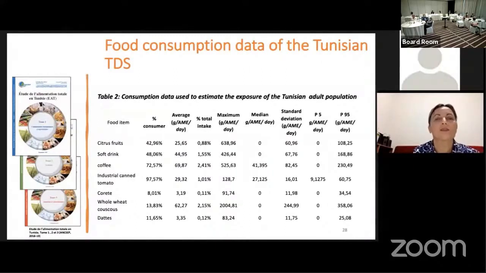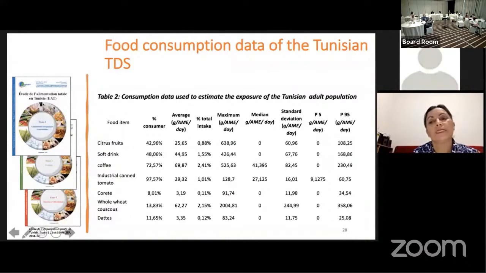We cannot extrapolate to at-risk populations like children, pregnant women, the elderly, or other kinds of at-risk populations. So we decided that in the next step, we will conduct an individual food consumption survey for children in order to be able to estimate exposure for children, for example.